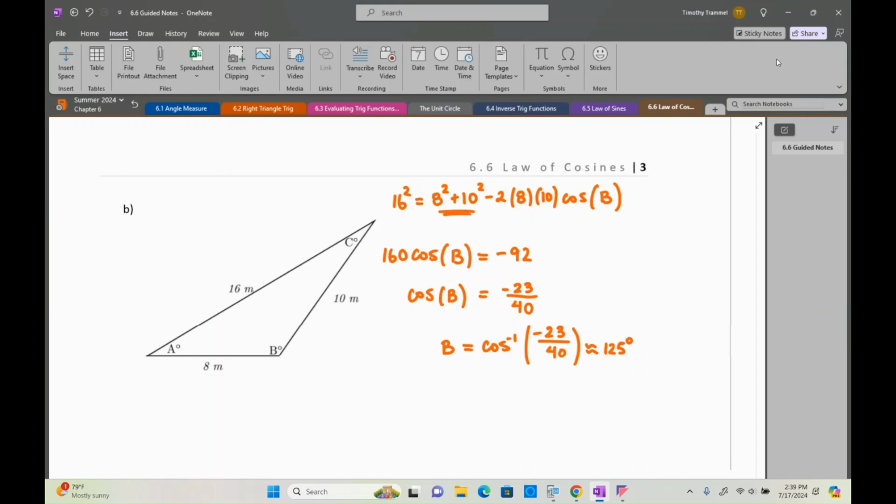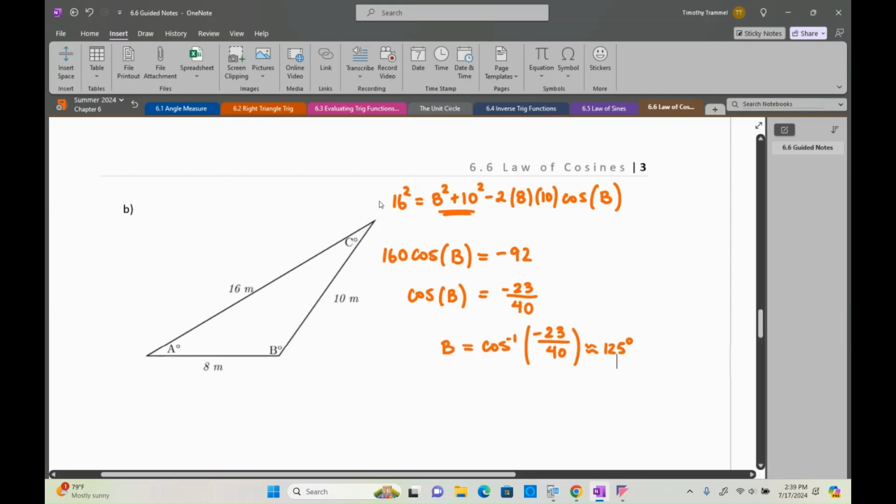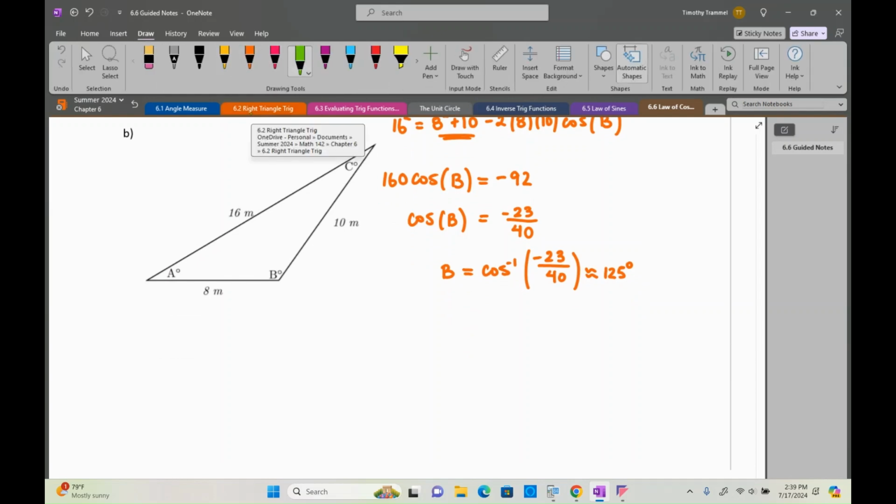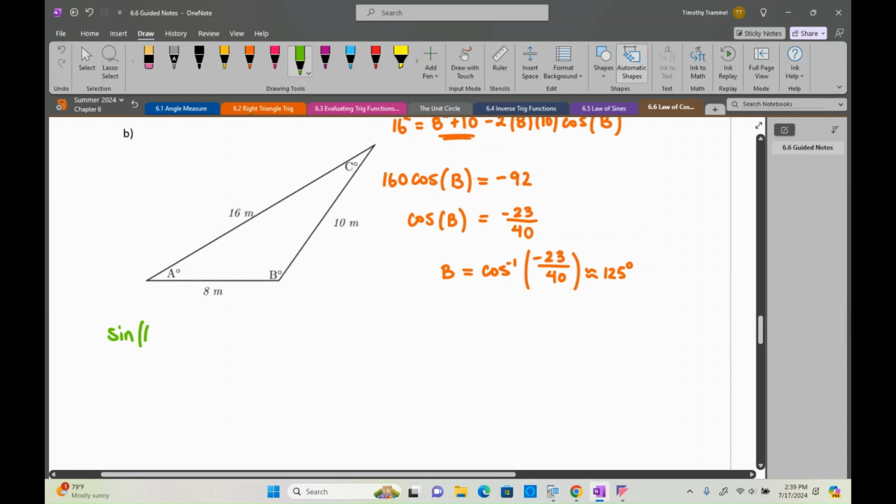So I'm going to have us switch over to law of sines. And this time, let's find A. So if we're going to find angle A, I'm going to say sine of big A divided by the length of the side opposite of it is equal to sine of B, which I already have stored in my calculator, divided by the side length opposite of the angle B, which is 16.